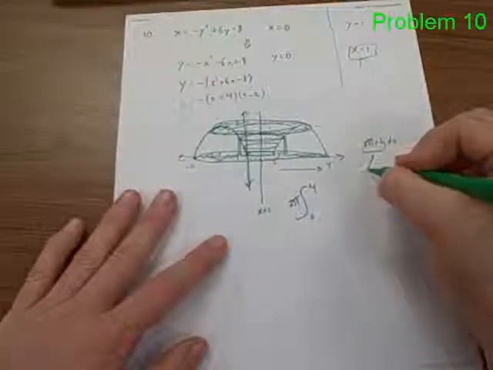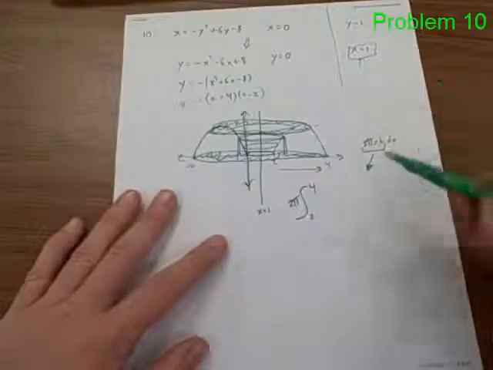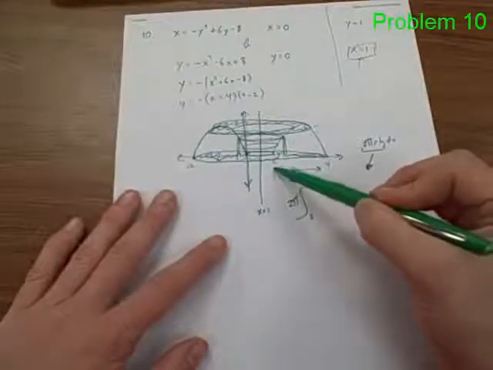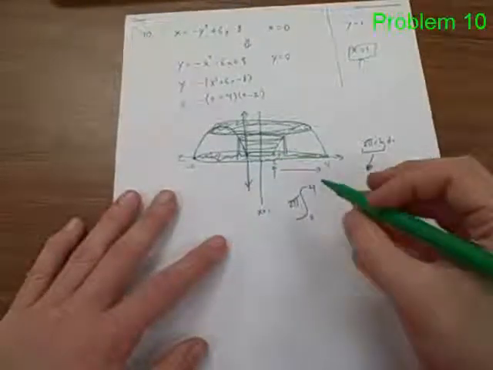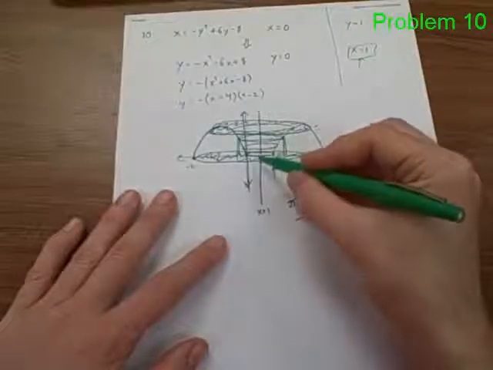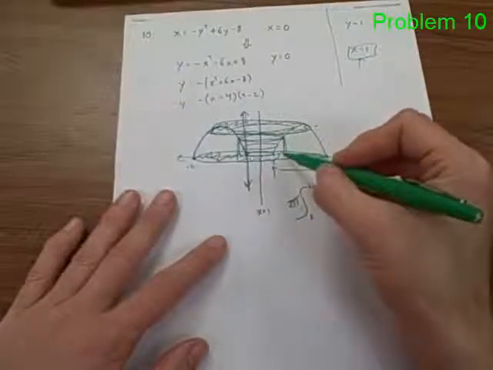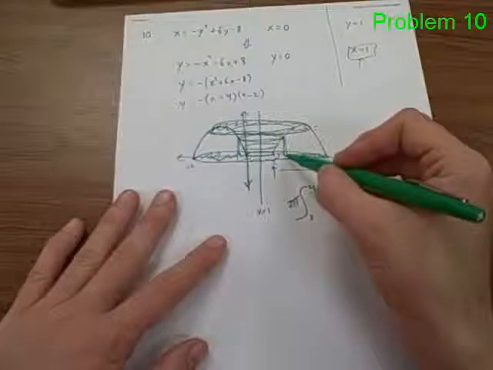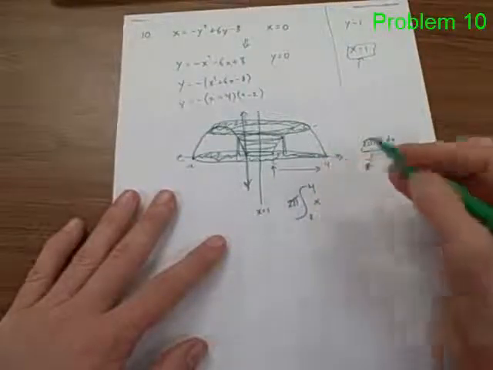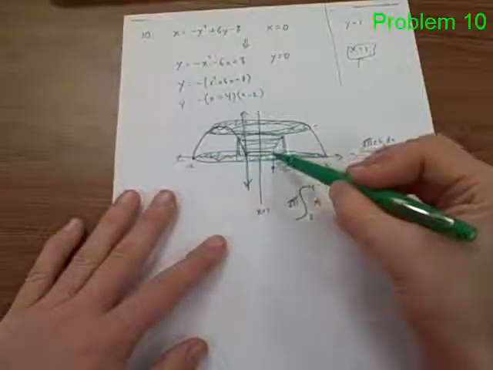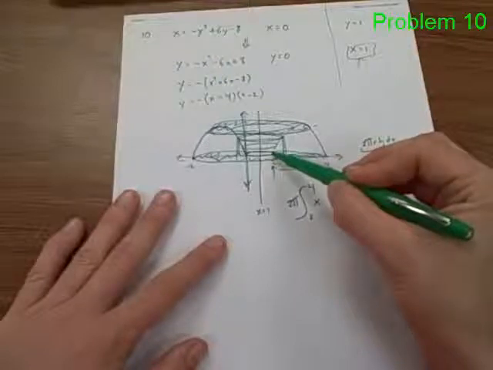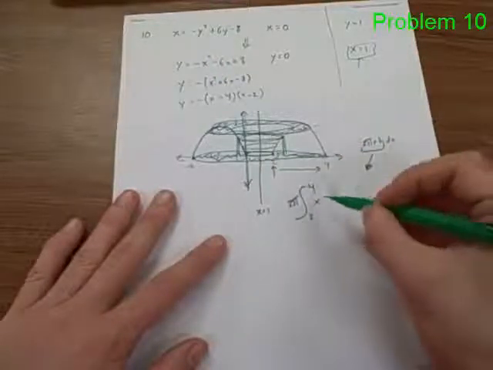So we have to think, what is the radius and what is the height? So if I'm starting to integrate here at 2, the radius of my shell is going to just be x. Because even when I start at 2, the radius of this shell right at 2 is still x.